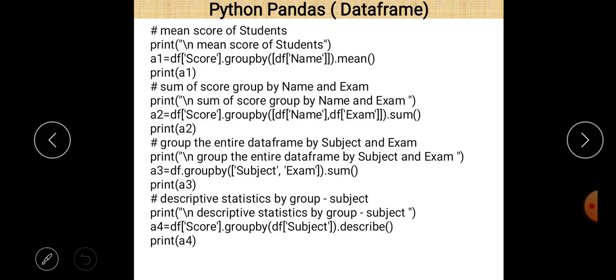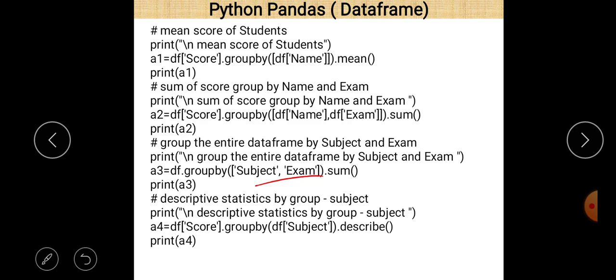Now let us talk about the third condition, that is A3. Group the entire data frame by subject and exam. So here we just group the entire data frame by subject and exam.